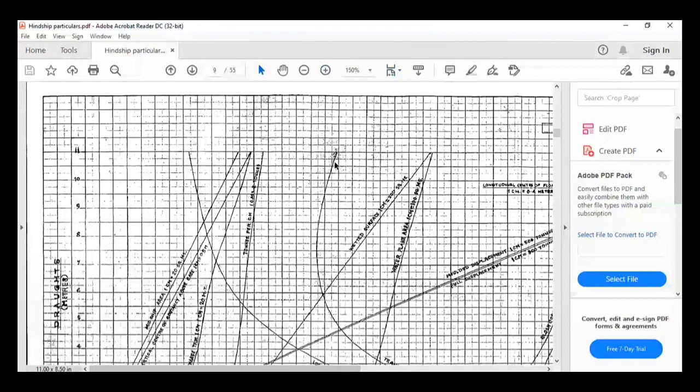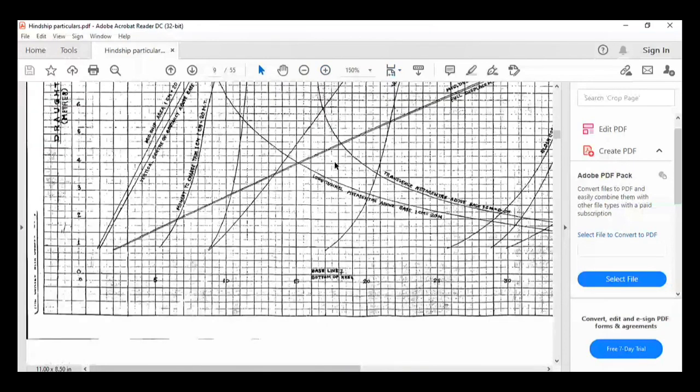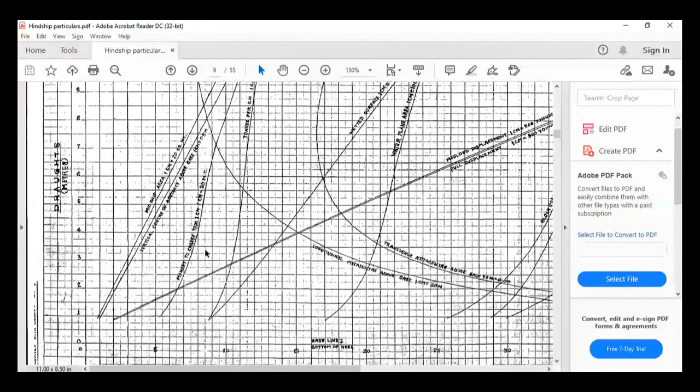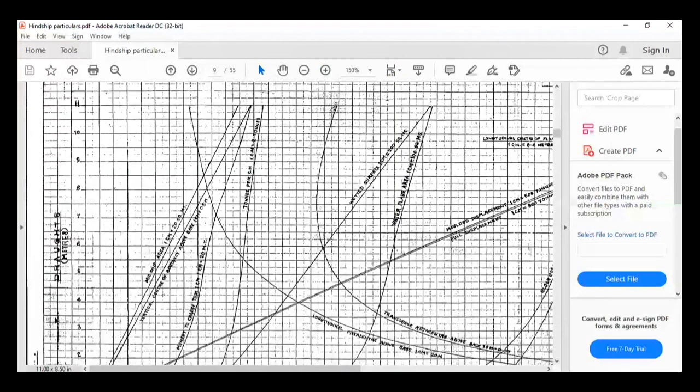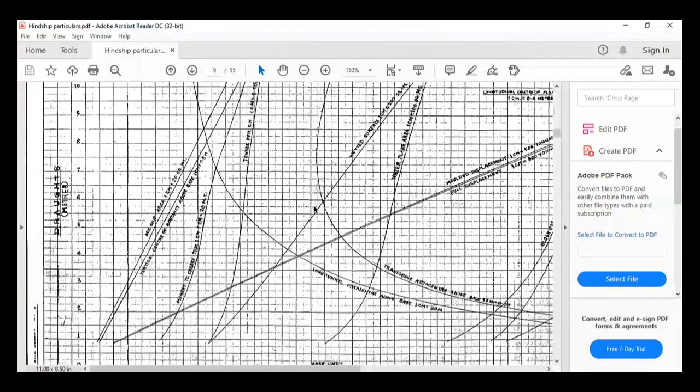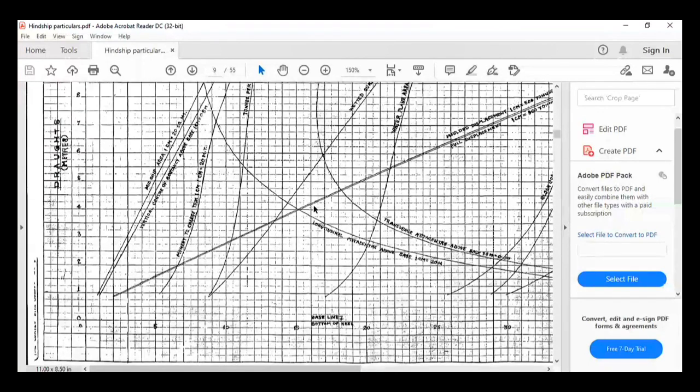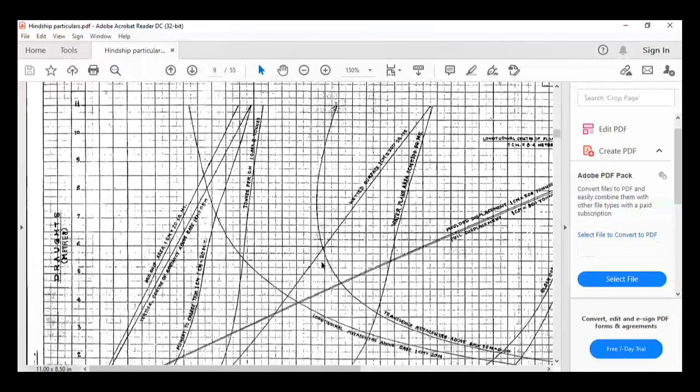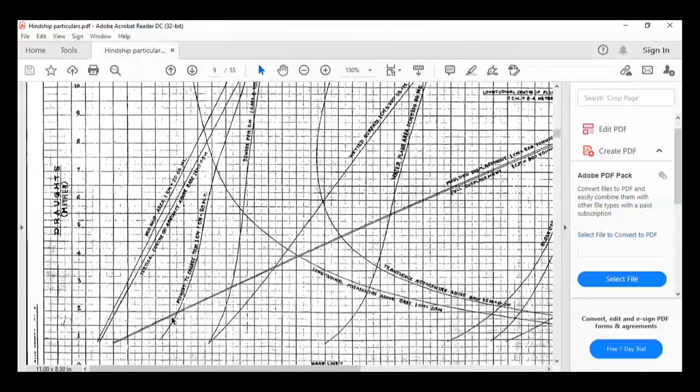So this is there with you already in your Hindship particulars. This is your draft marks along the y-axis. And now this is your baseline. Now you look at this, this is your MCTC. This is your TPC, which is going up.